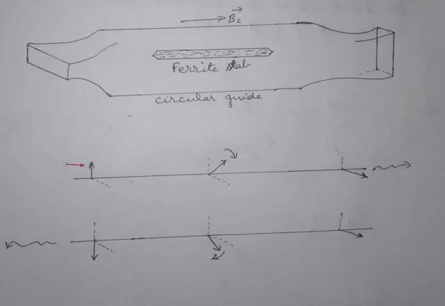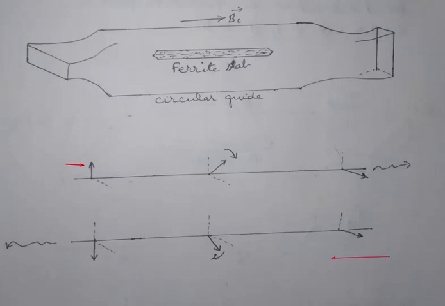Now if we reverse the direction of wave propagation back from port 2 to port 1, then again in passing through the Faraday rotation section, due to the non-reciprocal property, the plane of polarization will continue to rotate in the clockwise direction.